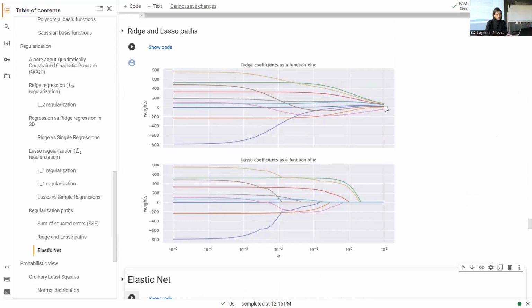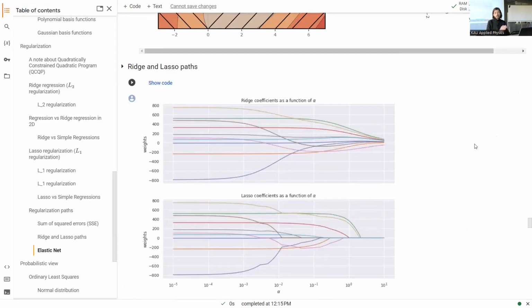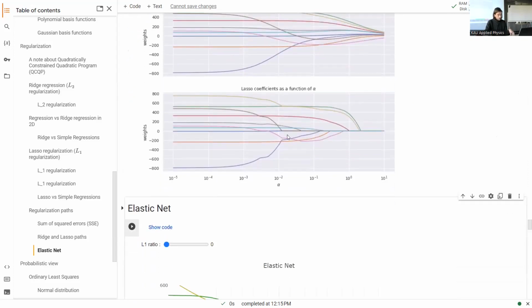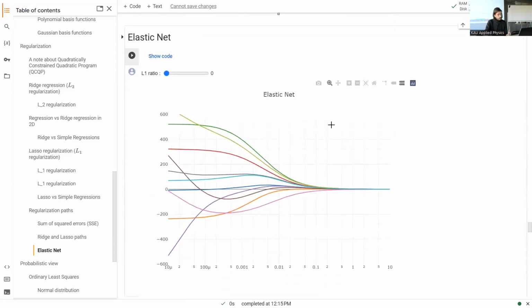When I'm making my coefficient alpha bigger and bigger, I'm increasing the strength of the regression, and all my coefficients W tend to 0. Here is Lasso regression. My coefficients, of course, tend to 0, but at some points, you see that they get to 0 and stay there. And here is elastic net.